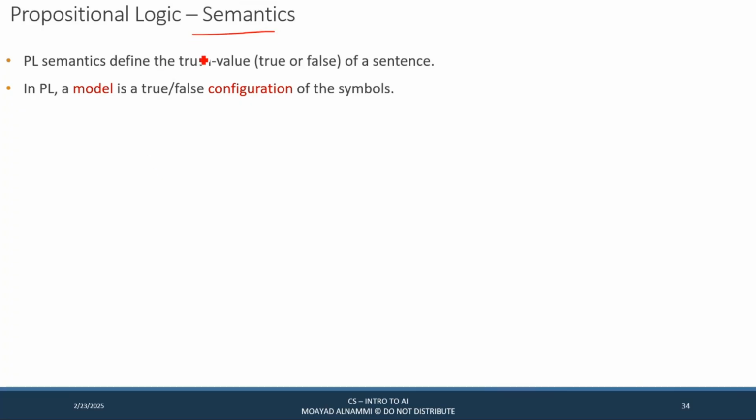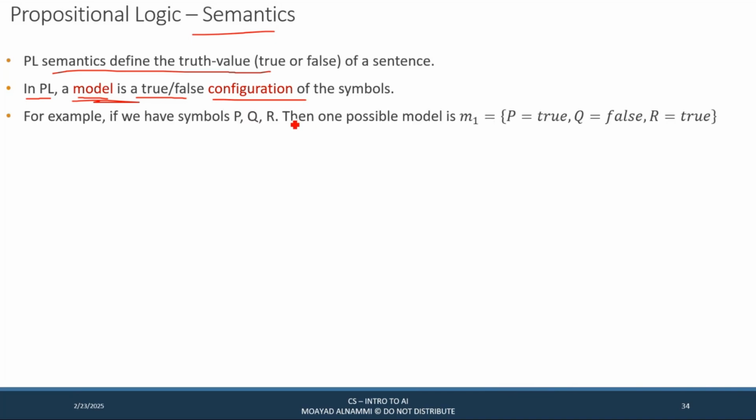And in terms of semantics, the semantics define the truth or falsity of a sentence. In propositional logic, when we talk about models, meaning configurations, a model is a true or false configuration of the symbols. For example, if we have symbols P, Q, R, then one possible model is M1, where we set P equals true, Q equals false, and R equals true.